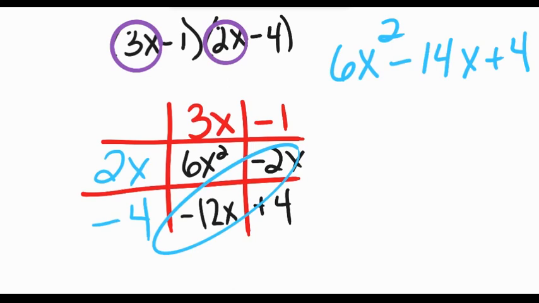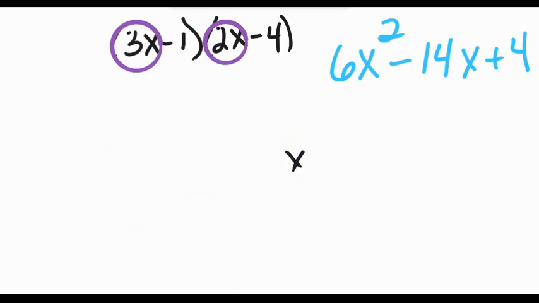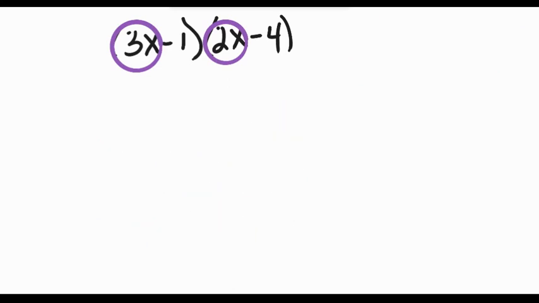Now, the last method that I'm going to show you is distributive property, which is really what you're doing with all these other ones, but some kids just like to think of it the same way they do with distributive property. In distributive property, you're going to multiply the 3x times the 2x and the 3x times the negative 4.